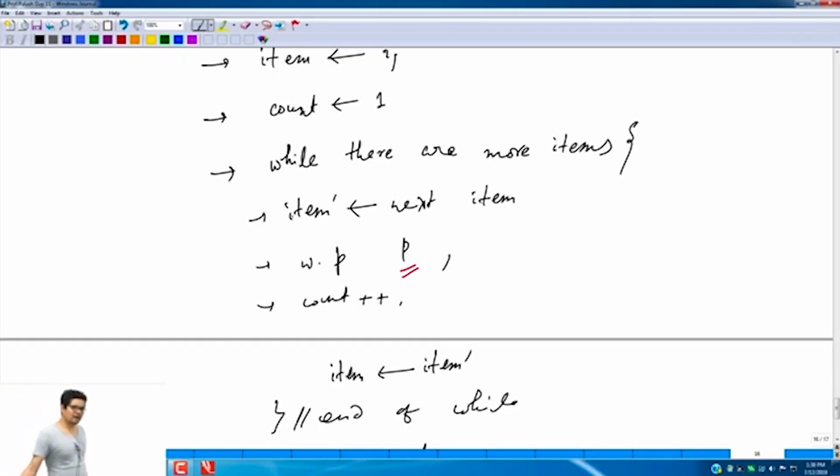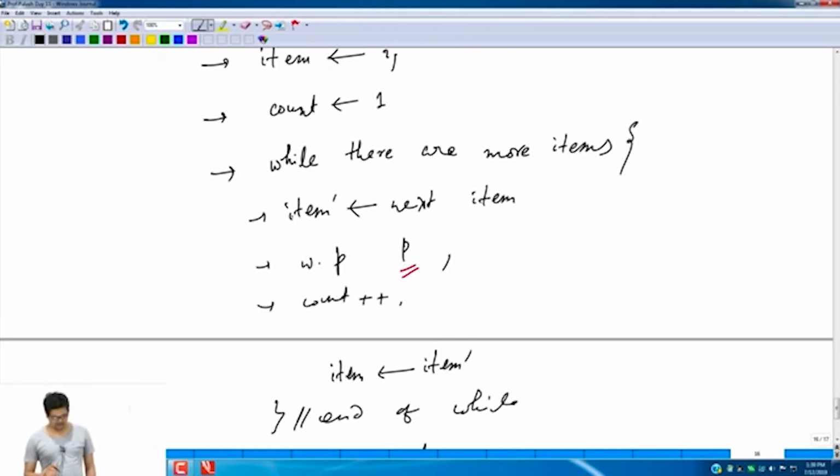I haven't proved yet why this algorithm is correct, why it outputs a uniformly random item from the stream. That I am yet to prove, but any question regarding the functioning of the algorithm? You should be able to write a C code with this pseudocode. Sure?